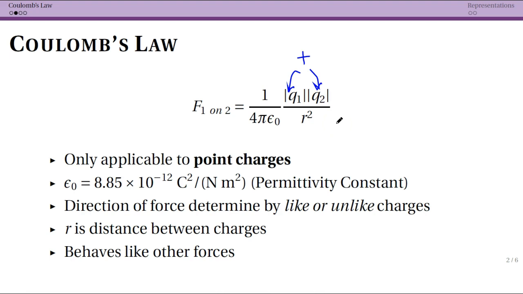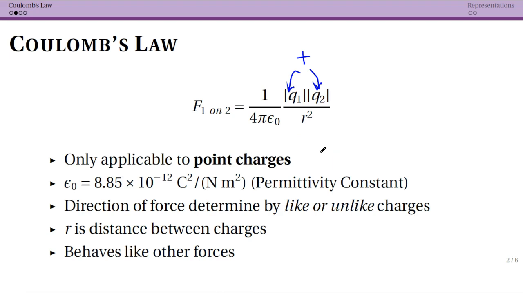The first thing you need to know about Coulomb's law is that this is only applicable to point charges. What is a point charge? It is a charge that literally has no spatial distribution. In mechanics, we talked about the particle approximation, and so point charges is another way of just saying particle.